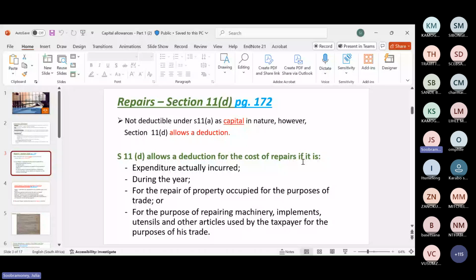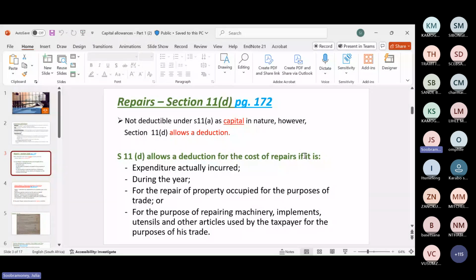So a repair is not deductible under Section 11(a), because it's capital in nature. If you look at your general deduction formula, it's any expenditure or losses actually incurred, and the last part says excluding capital in nature amounts. So a repair is seen as capital, because it's once off.